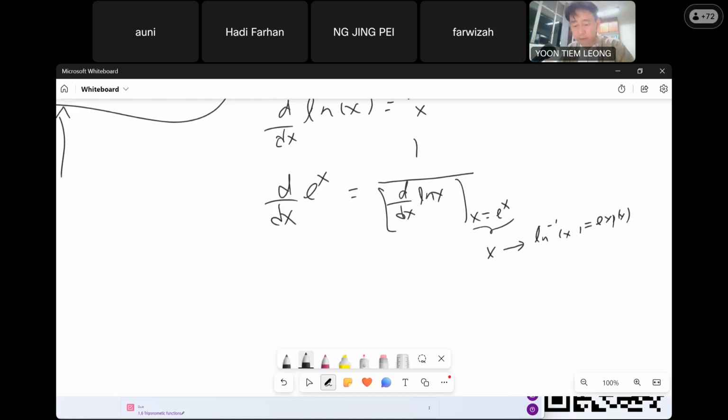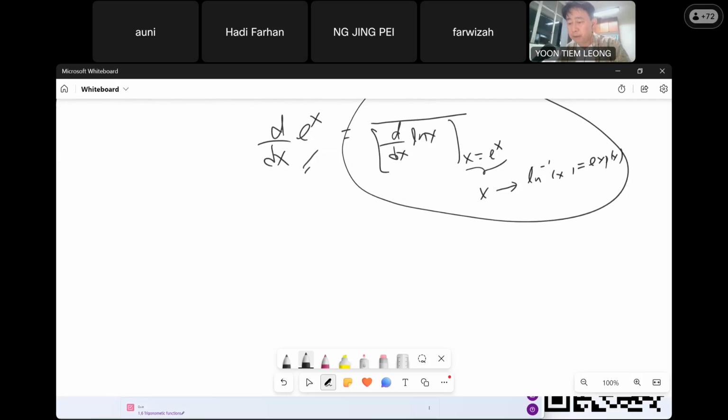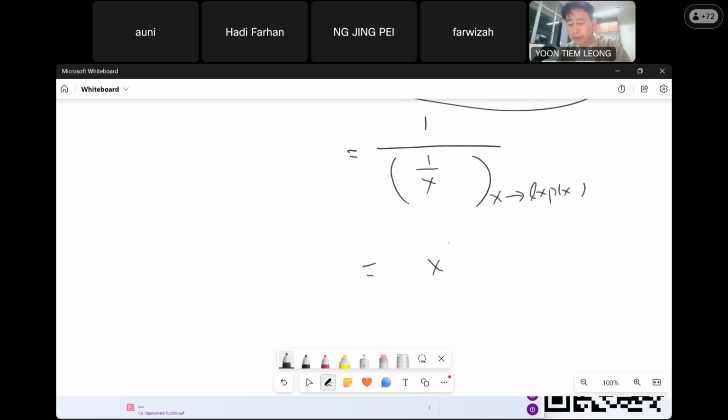So let us see if I can derive the formula correctly by using this method. So here is 1 over the derivative of the logarithmic function. The derivative of the logarithmic function is 1 over x, and it's to be evaluated at the exponential of x. So here this is just equal to x, where I'm going to replace x with the exponential of x, which is just the exponential of x.